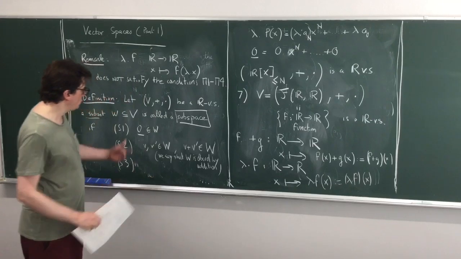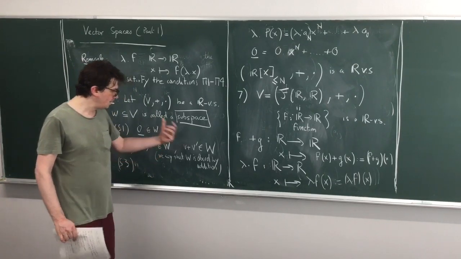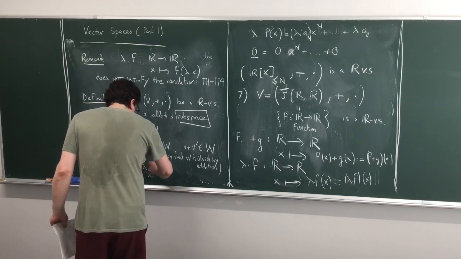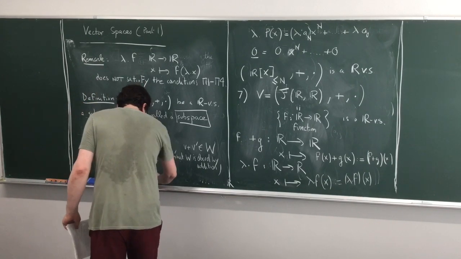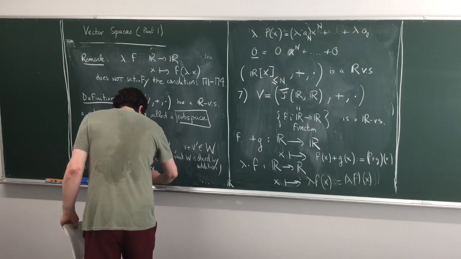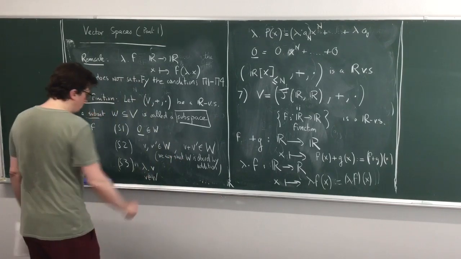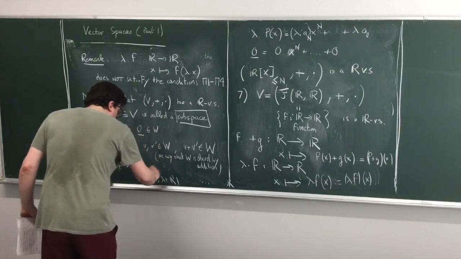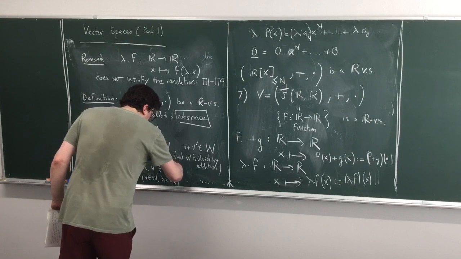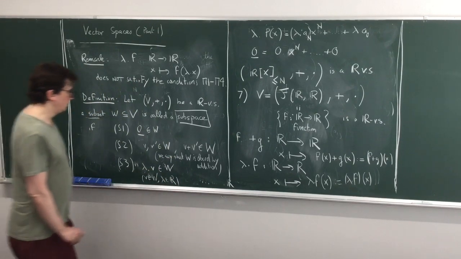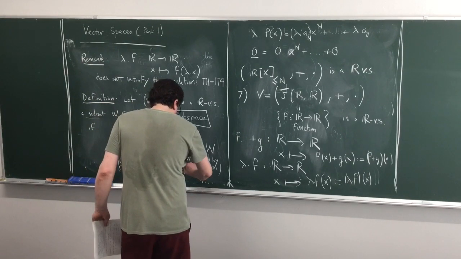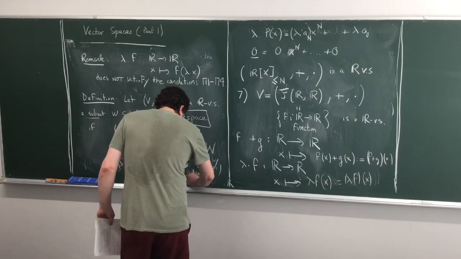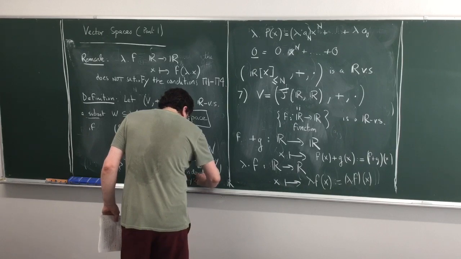It means that if you add two vectors in W, then their addition is still in W. And the last is that if you multiply a vector v of W by lambda, a scalar, then the result will be still in W. So here we can say that W is closed by scalar multiplication.